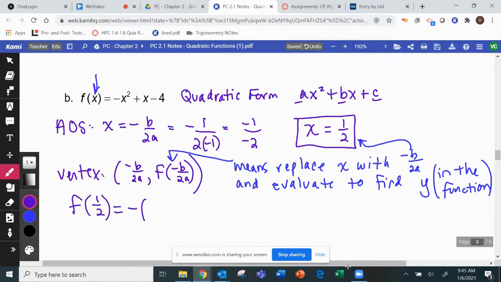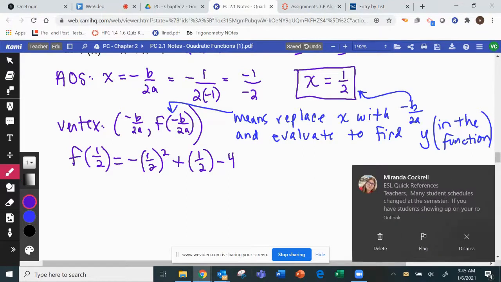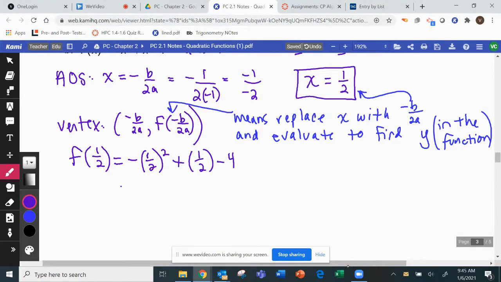I'm going to put parenthesis, a half, close parenthesis squared, plus just a half, and then minus 4. So I plugged in a half every place there is an x. And I get, by order of operations, negative, and then square that, 1/4 plus 1/2 minus 4.